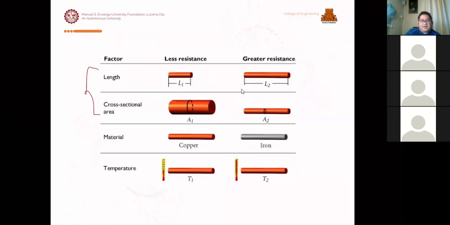Humihina ang kuryente lagi. Kung di man brown out sa inyo, mahina ang kuryente. Okay? So, baka dahil sa ganito, no? Kasi mainit, mas mataas yung resistance, so yung flow ng electricity is mahina dun sa area natin. Okay?